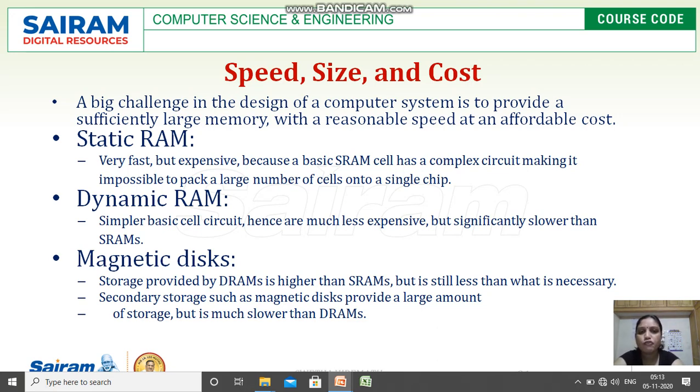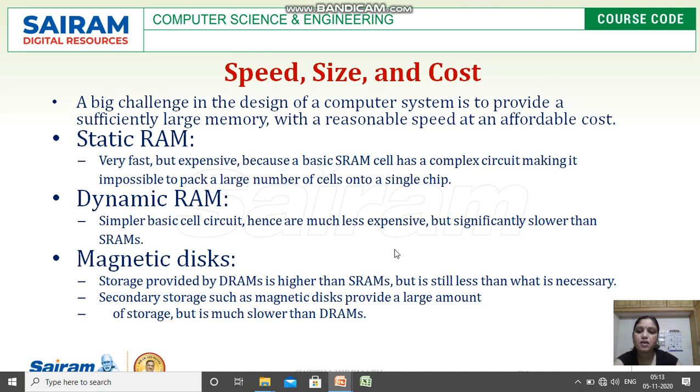The next type of memory is magnetic disks. Storage provided by DRAMs is higher than SRAMs, but it is still less than what is necessary. Secondary storage such as magnetic disk provides a large amount of storage but is much slower than DRAMs.